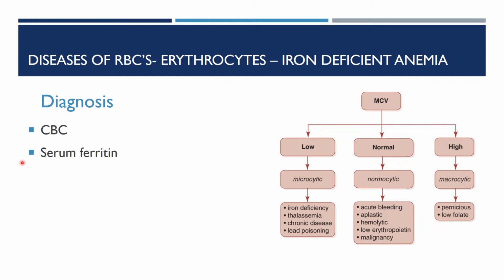Serum ferritin. So ferritin is responsible for absorbing iron in the gut, but it's also involved in moving it around the body. And once it's moving around the body, it's known as transferrin.